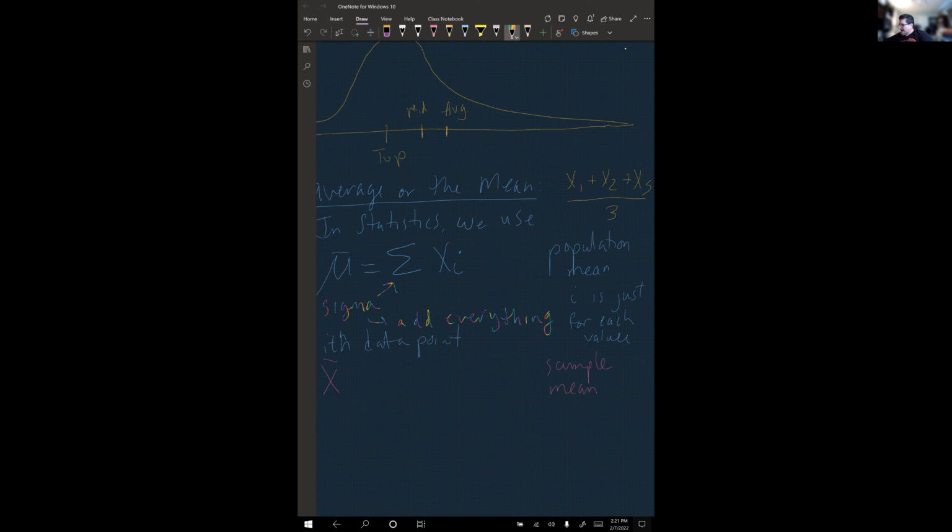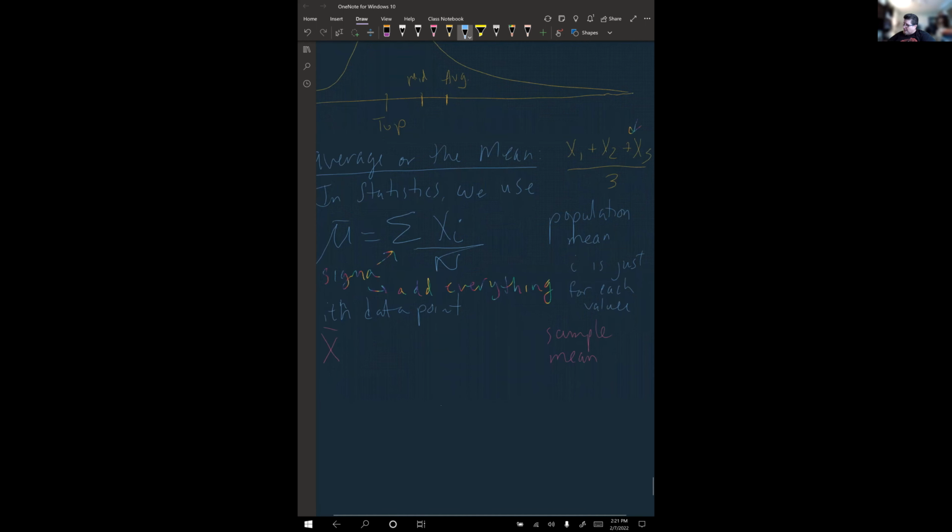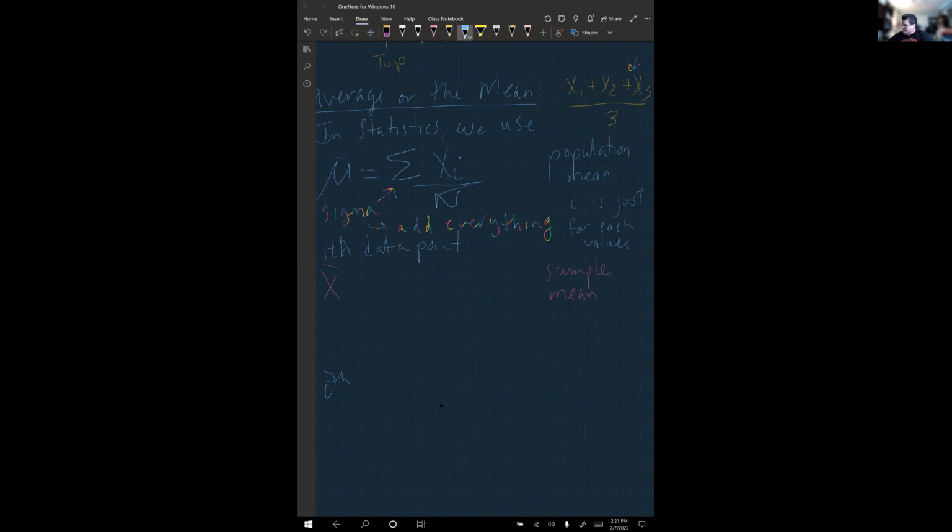And then I said we add everything up. It's kind of like what we did up here. We add everything up, but then we had to divide through by the number in the group. And so when we do that for the population, we use big N. So i is for ith data value.